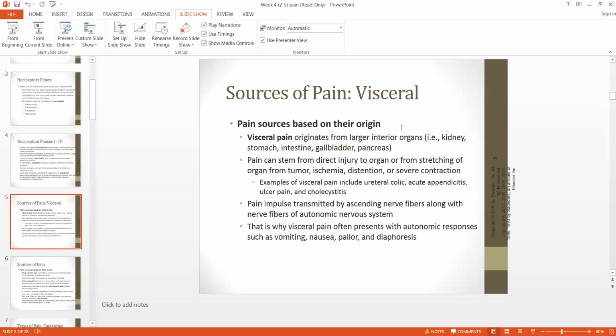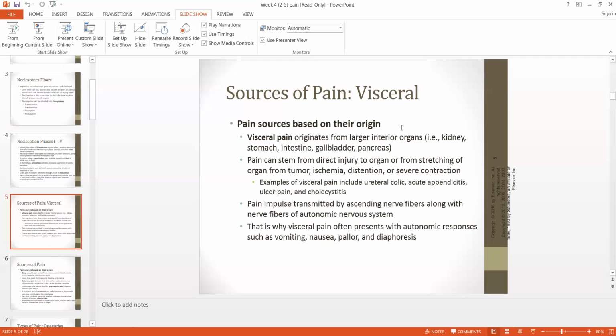So again, this example is ureteral colic, and that's the ureters from the kidney. Acute appendicitis, that little piece sticking off of your colon. Ulcer pain, ulcers in the stomach that's referring to, and cholecystitis would be a stone in the gallbladder. So these are organs that are having pain, this visceral pain, gut pain.